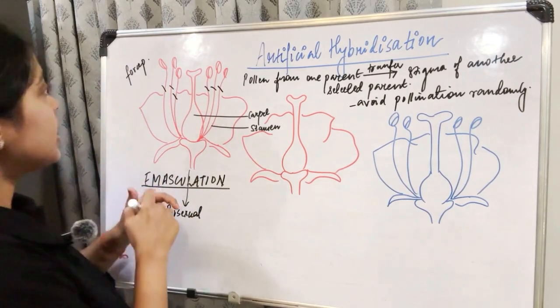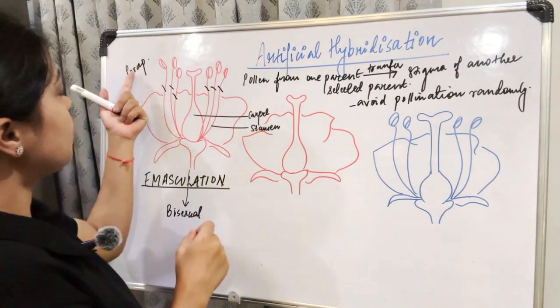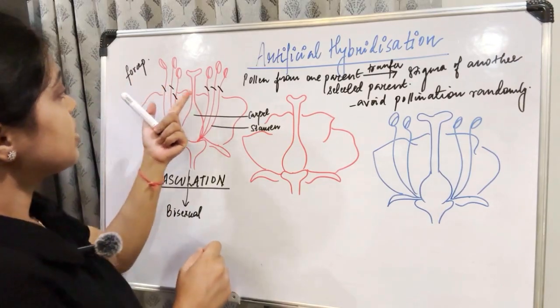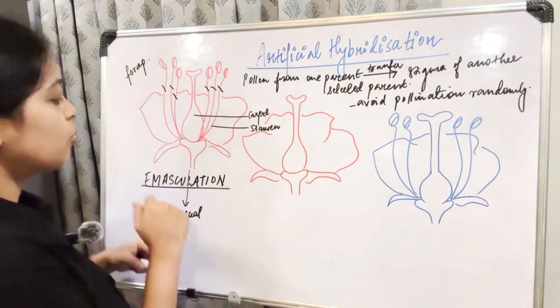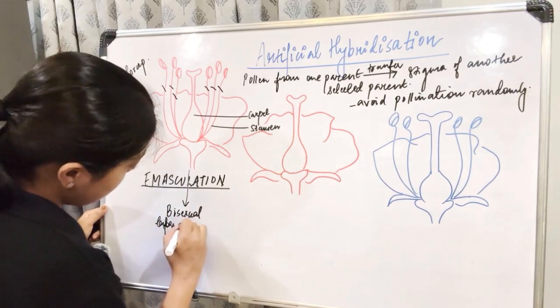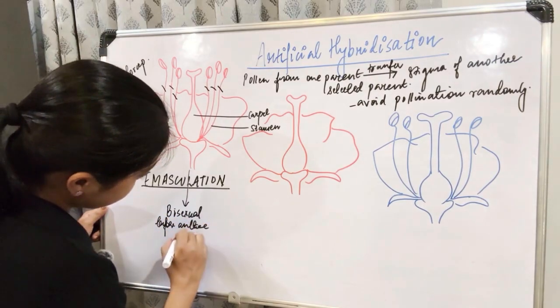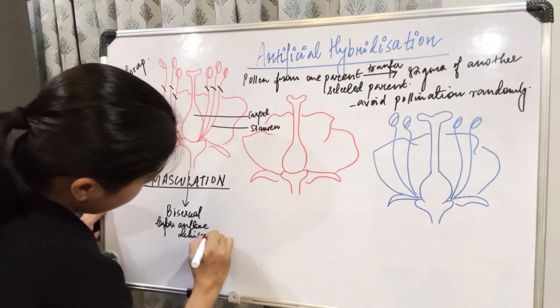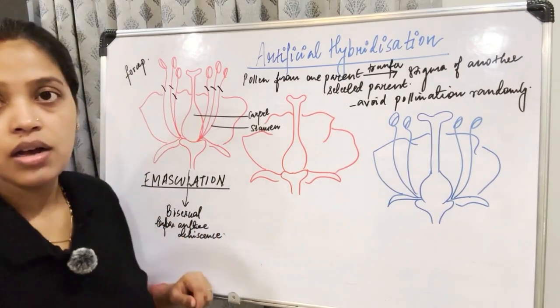So manually, with the help of forceps, the stamen is removed before anther dehiscence occurs.